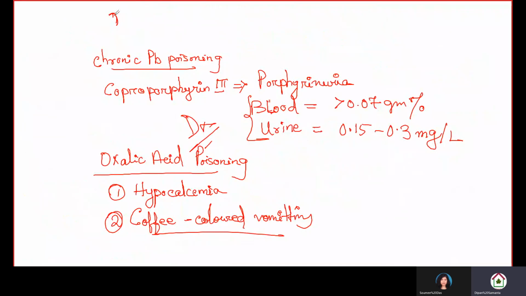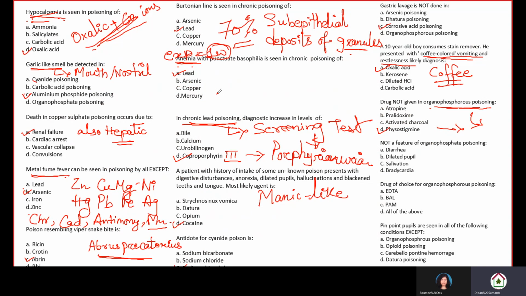Remember, OP or organophosphate poisoning gives a cholinergic effect or cholinergic side effect, we say. So physostigmine also gives cholinergic effect. It will increase the features of organophosphate poisoning.